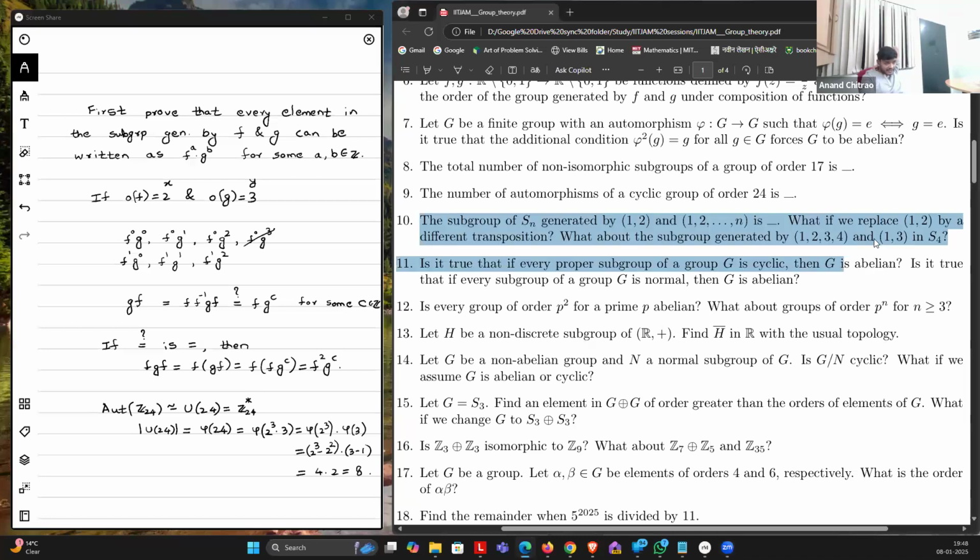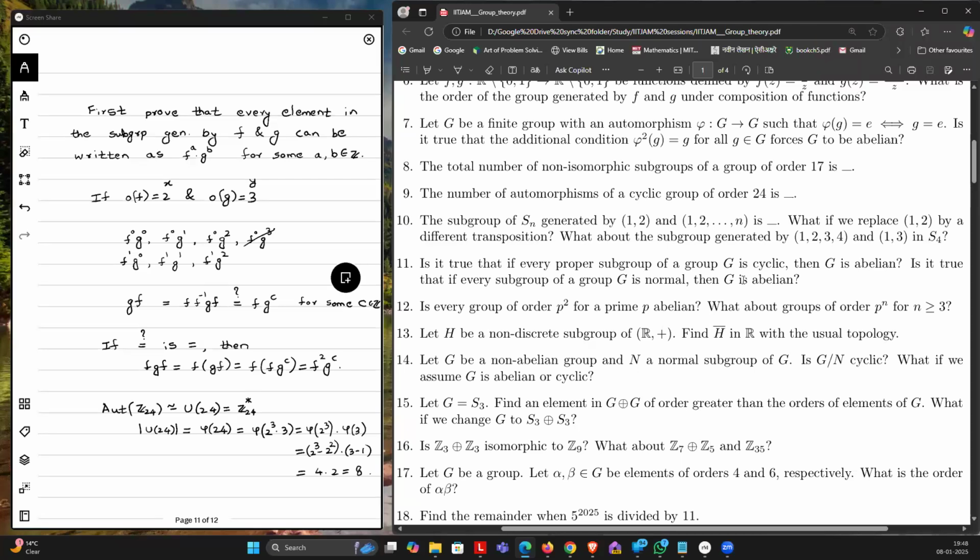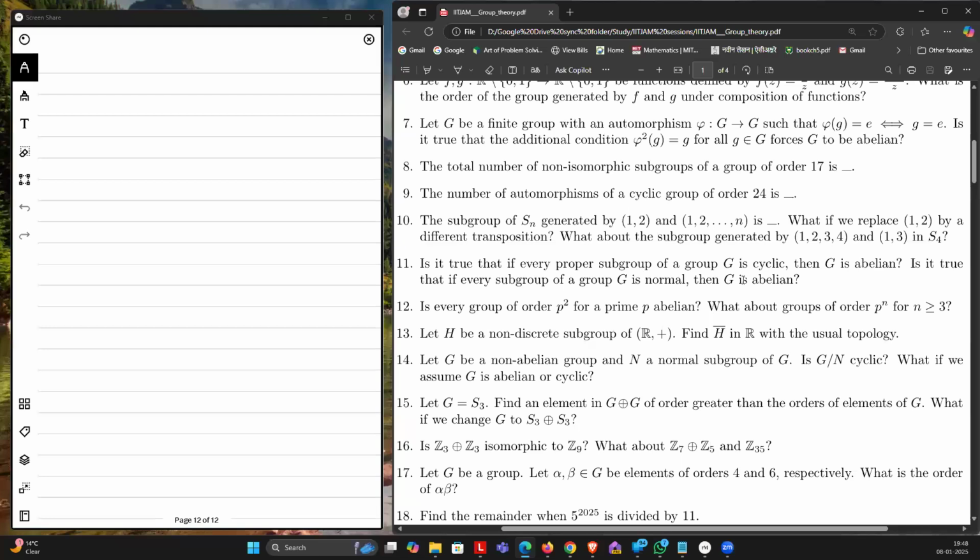Now, what about 10? The subgroup of Sn generated by this transposition (1 2) and this cycle (1 2 ... n) is Sn, sir. Why? Yeah.